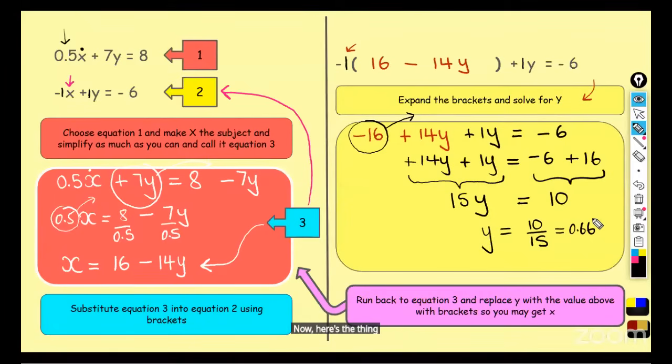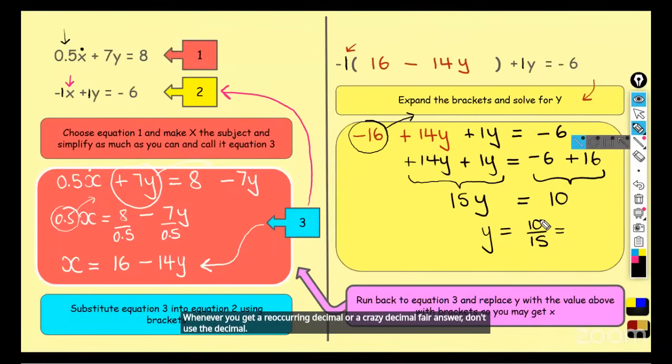Now, here's the thing. I know we're going to get a crazy decimal, but that's in all the other questions. Well, when we solved for y, we got a nice whole number. Sometimes when you solve a simultaneous equation, you don't get nice numbers. Now, here's my advice. Whenever you get a recurring decimal or a crazy decimal for your answer, don't use the decimal.